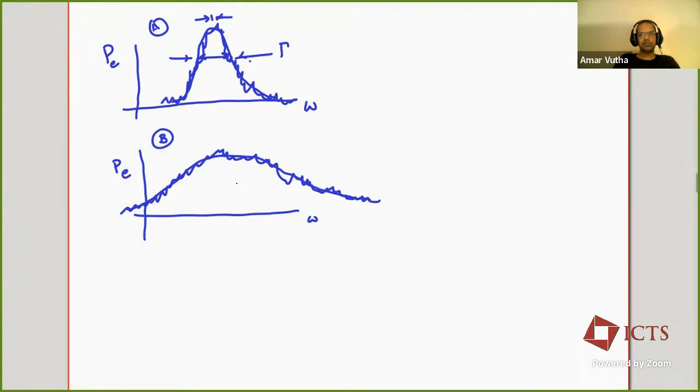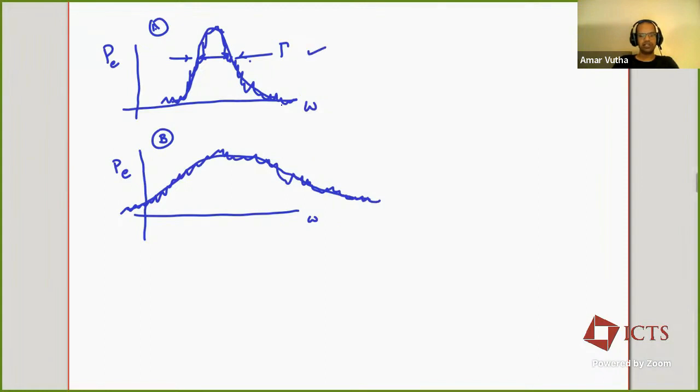If you think about these two just intuitively and ask yourself, which of these two do you think is going to lead to a sharper measurement of the center frequency, of the resonance frequency? Which one's going to give you a more precise measurement of the center frequency? I think you'll all agree that this looks about right. Yeah, so it's sharper.